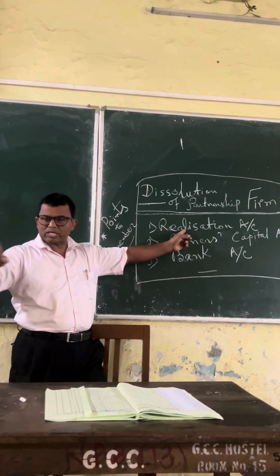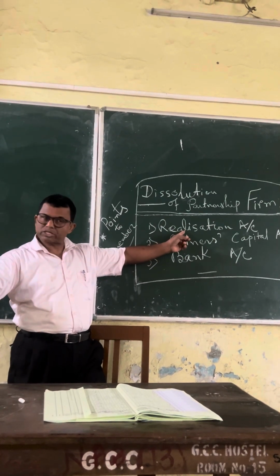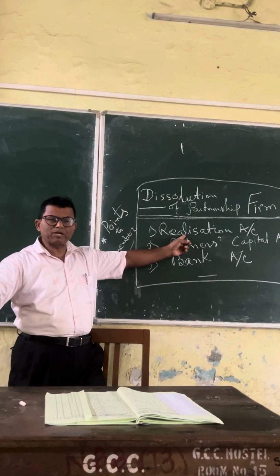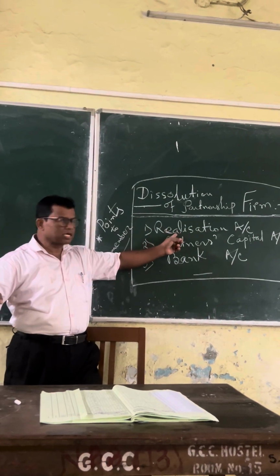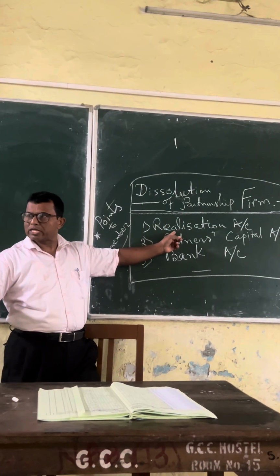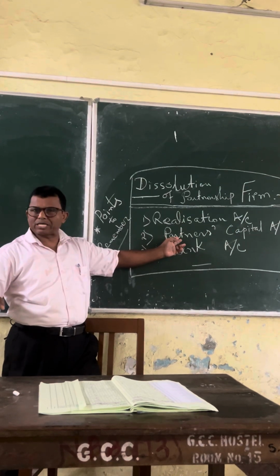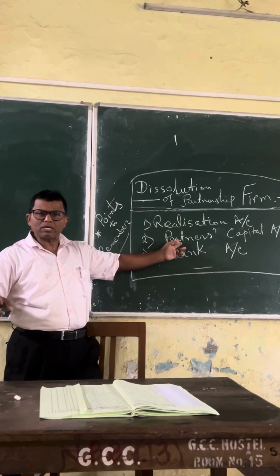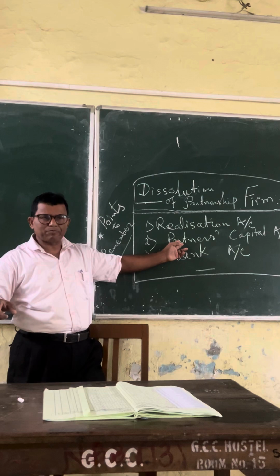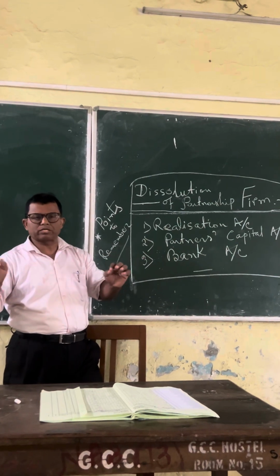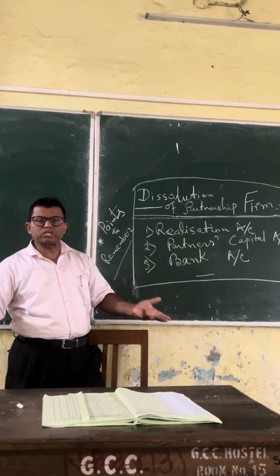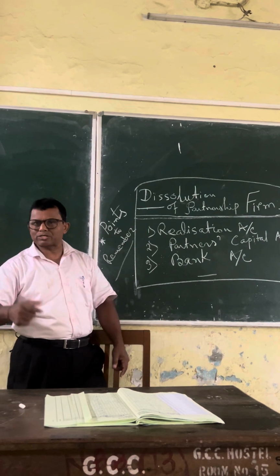If the realization right side is less, then it is loss, by share of loss, going to the debit side of the partners' capital accounts. Ultimately the realization account will be closed, and then you will try to close the capital accounts. Whatever difference comes in the capital account, do not write balance c/d or anything like that, because the business is not there. How can there be a balance?